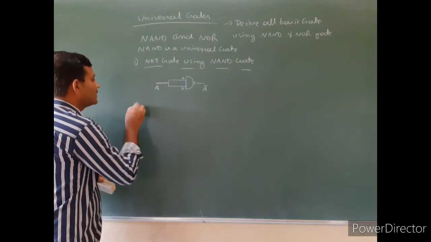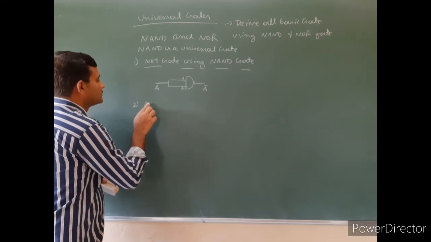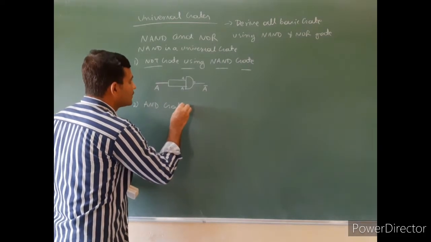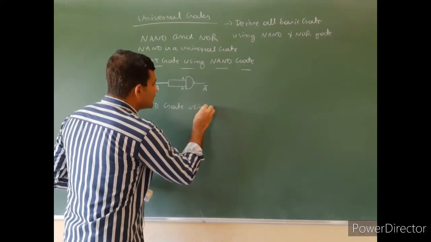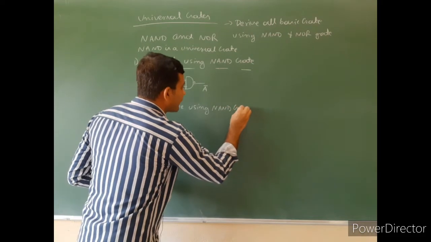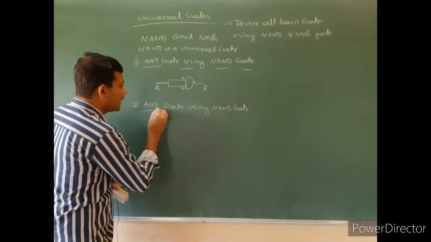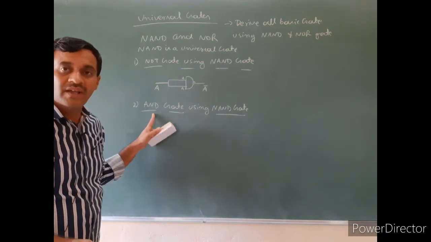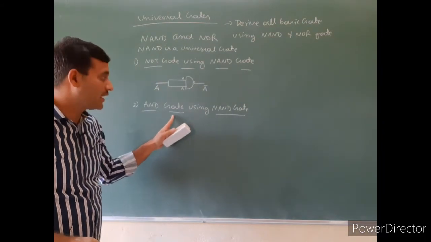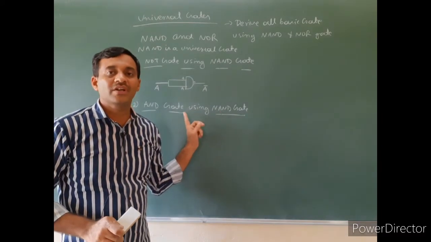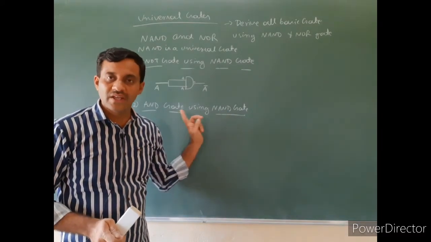Then the second one, AND gate using NAND gate. We have to prove the output of the AND gate using the NAND gate. See here, NAND is the complement of the AND.